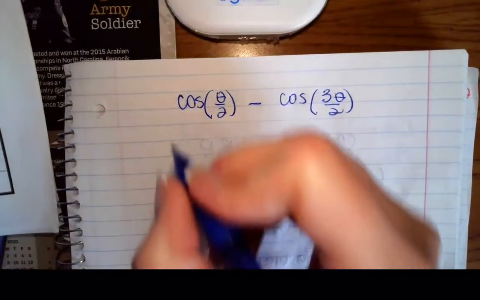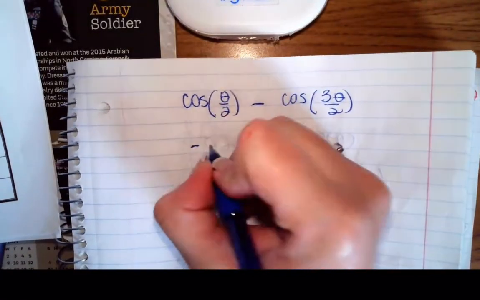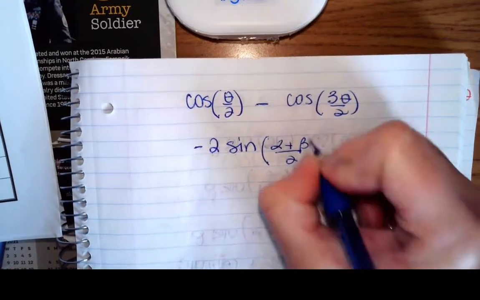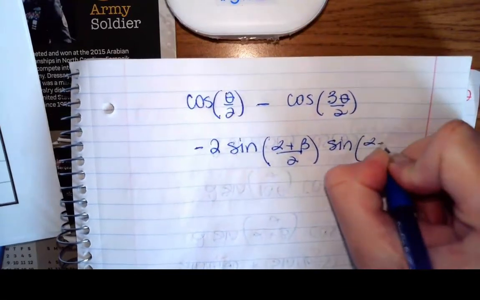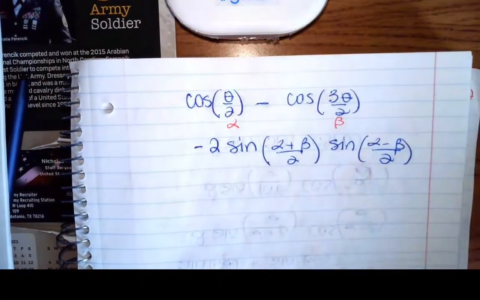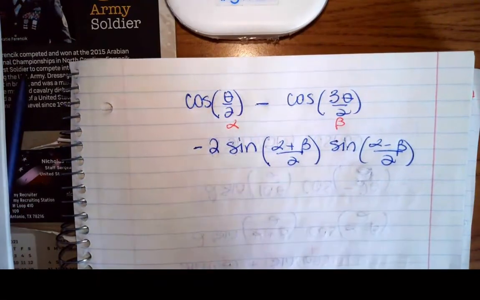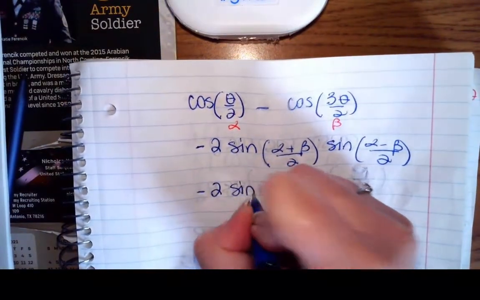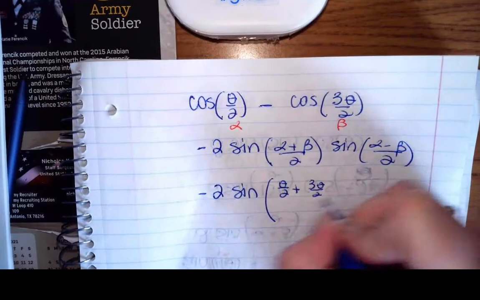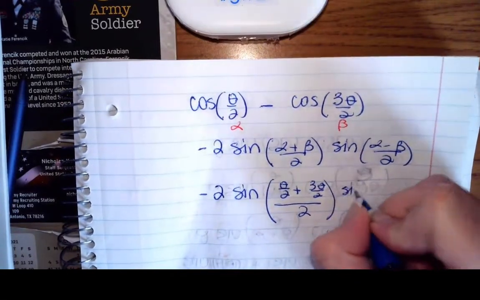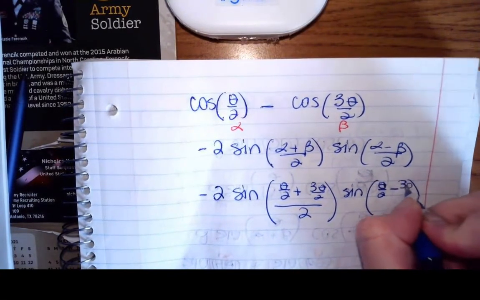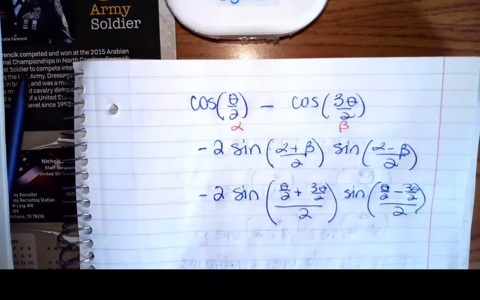So I will have negative 2 times the sine of alpha plus beta over 2 times the sine of alpha minus beta over 2. So this is my alpha, this is my beta. Lucky for us, we've already got common denominators. So I've got negative 2 times the sine of theta over 2 plus 3 theta over 2, all over 2, times the sine of theta over 2 minus 3 theta over 2, all over 2.